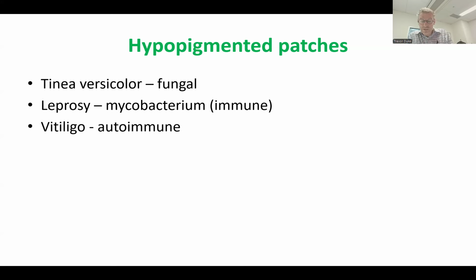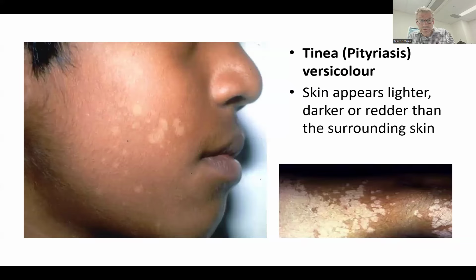And then the last one is vitiligo, which is an autoimmune condition where there are hypopigmented patches because of autoantibodies to skin pigments. So it's sometimes challenging to make the distinction, but tinea versicolor is the most common.